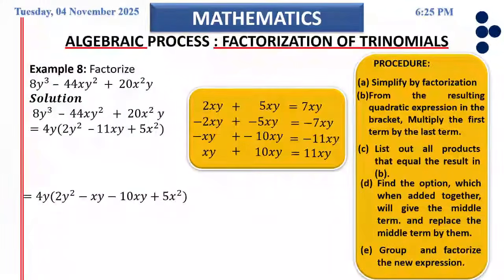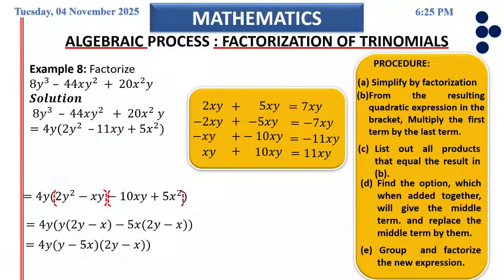The next thing is our usual grouping. You can see the state group. So a grouping, you factorize. If you factorize this, you have y into 2y minus x, minus 5x into 2y minus x.